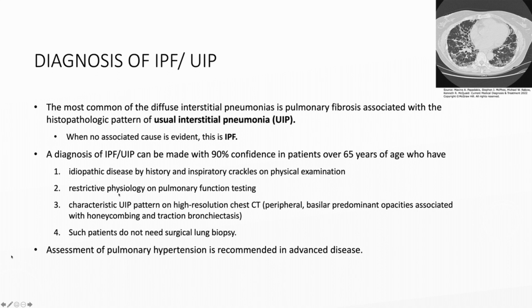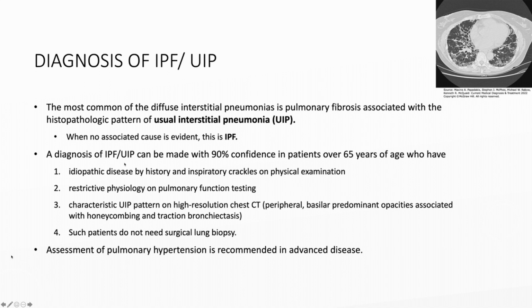They also have restrictive physiology on PFTs, so we see a low TLC on PFTs and a low DLCO. A characteristic UIP pattern on high resolution CT. Remember we said when we get those high resolution CTs, you can classify it better. We see these bibasilar opacities with honeycombing. If you see that on a test, it's likely this, okay?